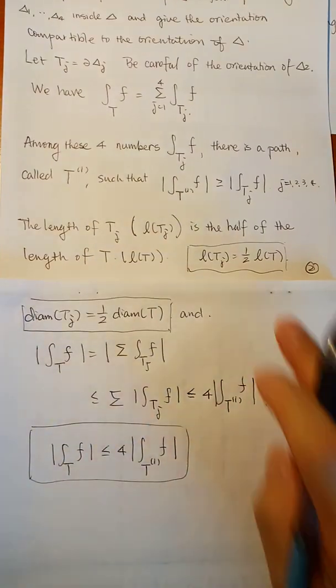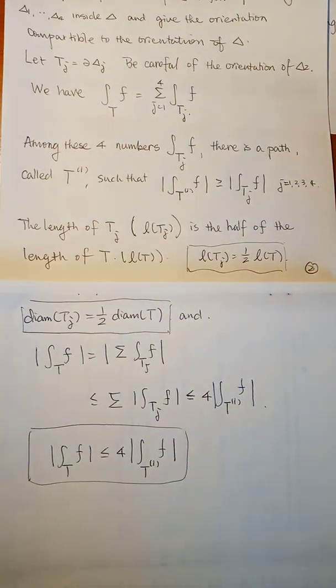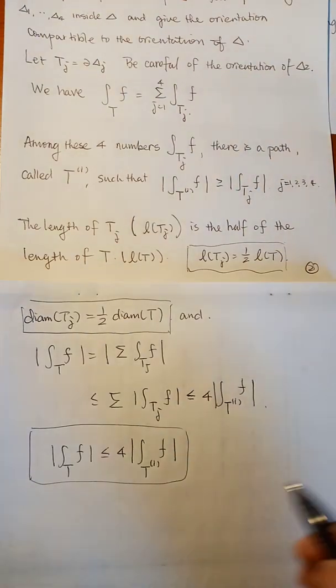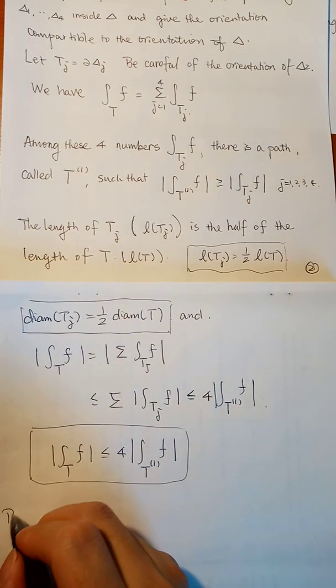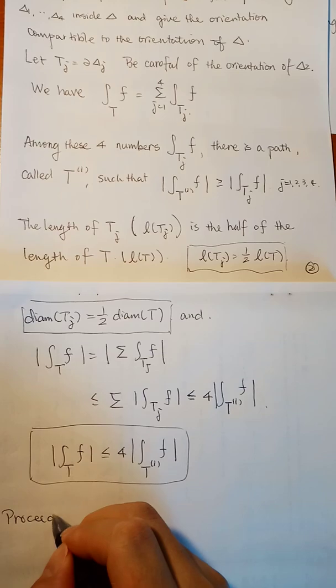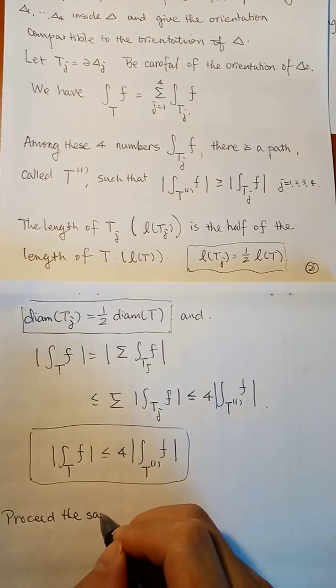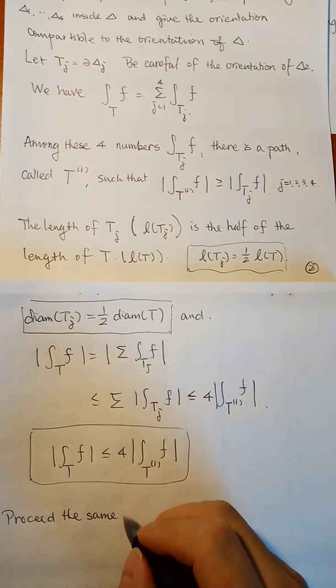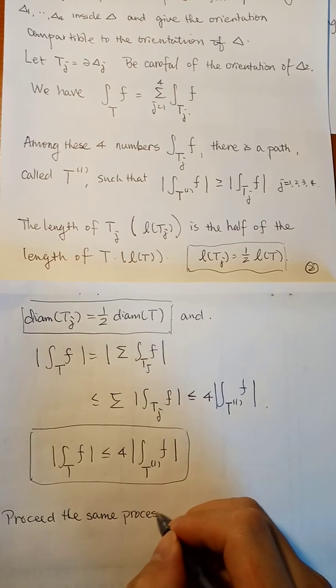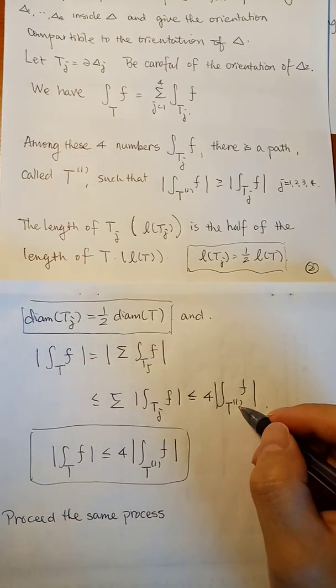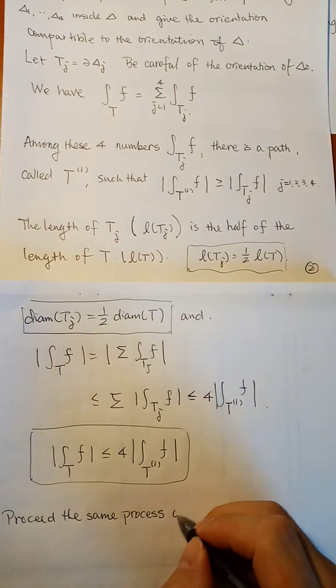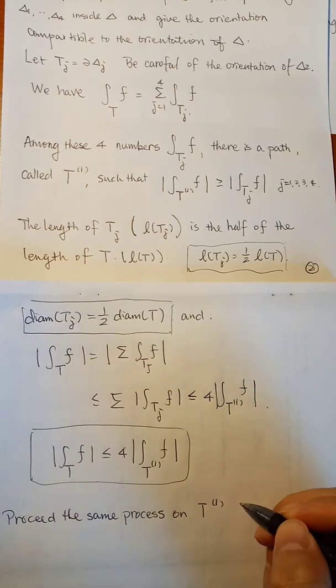Okay, so we have three quantitative relations. So proceed with the same process. Now we have this T super 1. We are going to focus on this T super 1.